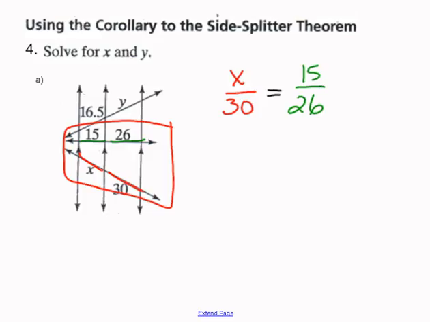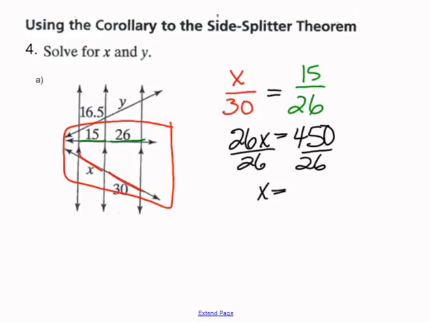Okay, so when we do that, we end up with 26x equals 450. So we divide by 26, and we end up with x equals 17.3. So we know that that would go here.